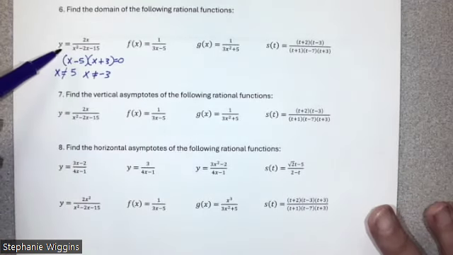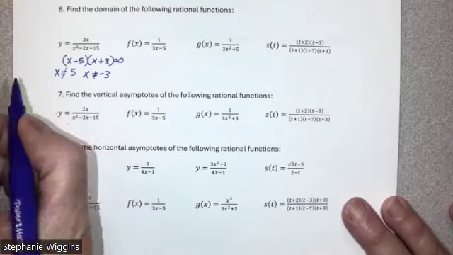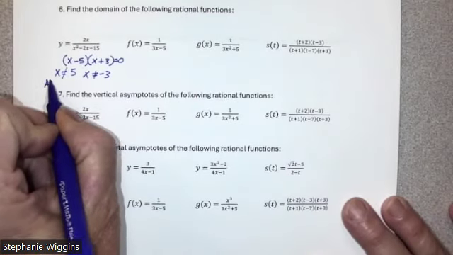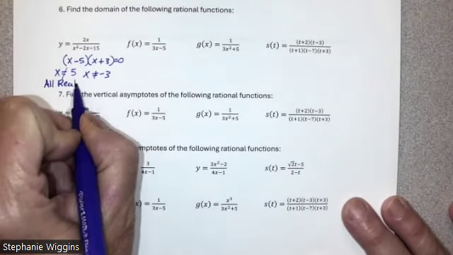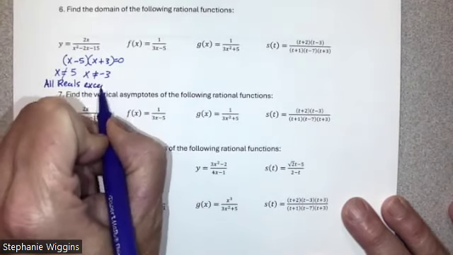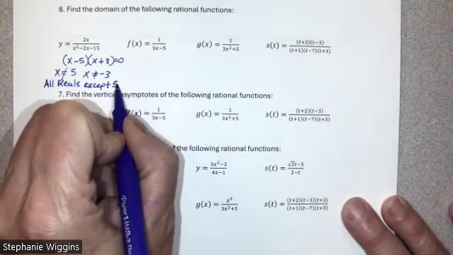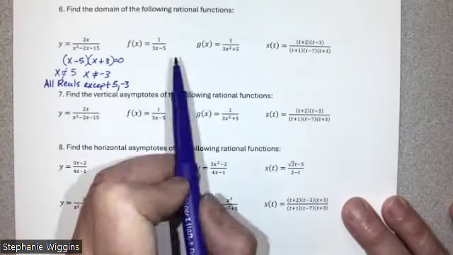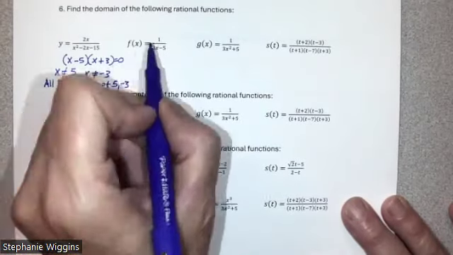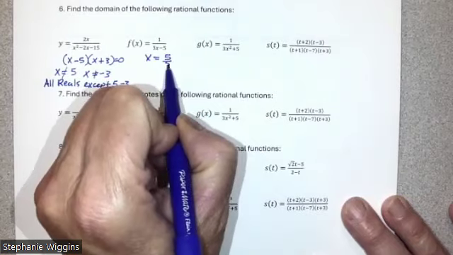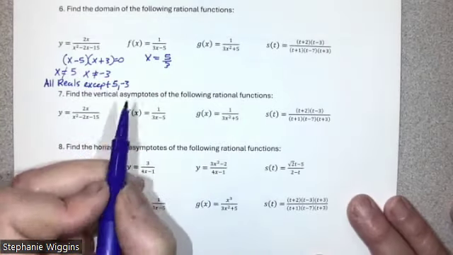So there's no zeros in the denominator. So the domain is all reals except 5 and -3. Here, x cannot equal 5/3. That'll make the denominator 0.